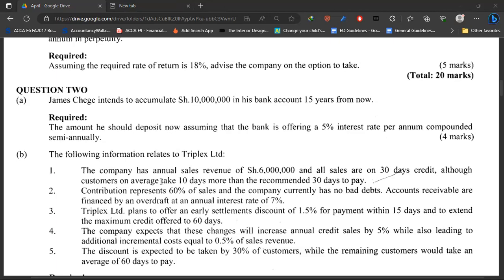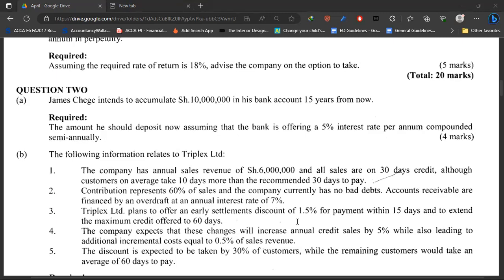Thank you so much. I can see there are two concepts used here. The examiner has told you that we have semi-annually. We know it is twice per year. So in this case, because I've already been given the future value after 15 years, which is 10 million, what is the present value?